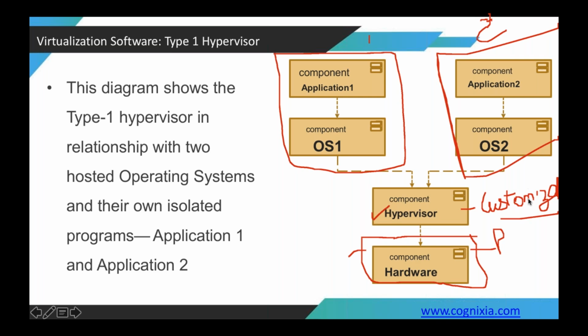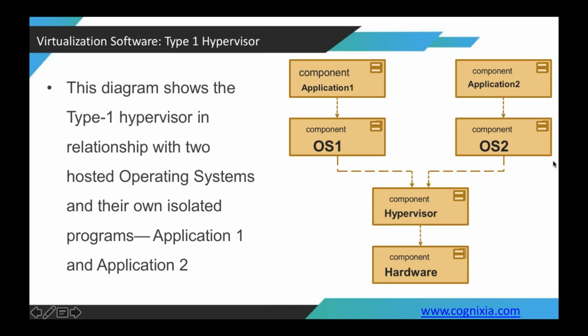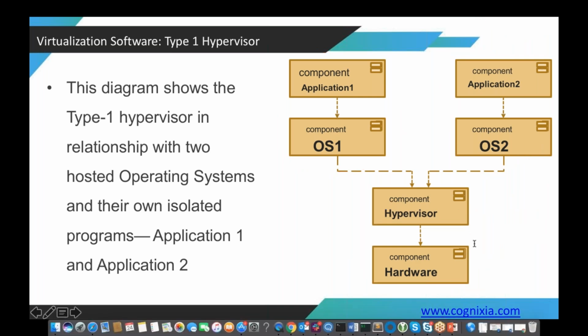Okay, so anyone having any questions on this? Yes, Sridhar has a question: this hardware component that you are referring to, is it the data center? Yes Sridhar, within the data center we will have a physical server.